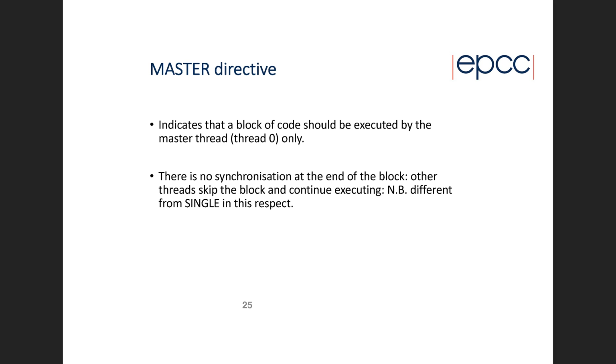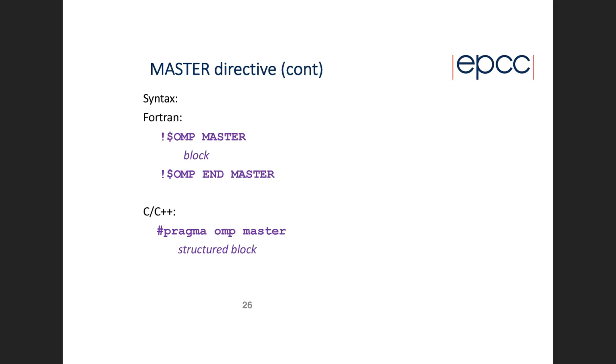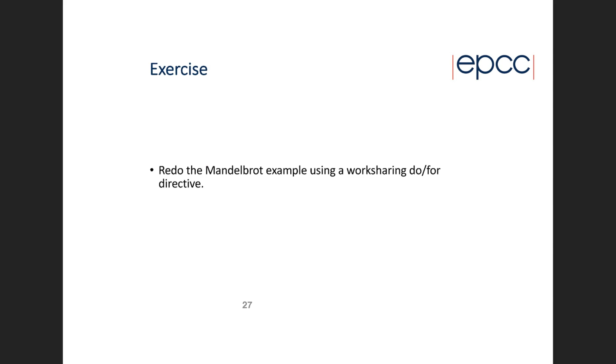With master, it's always thread 0 that executes it, and there isn't a barrier at the end, but you can add one explicitly if you need one. A little bit strange. No surprises at all with the syntax, exactly what you'd expect.